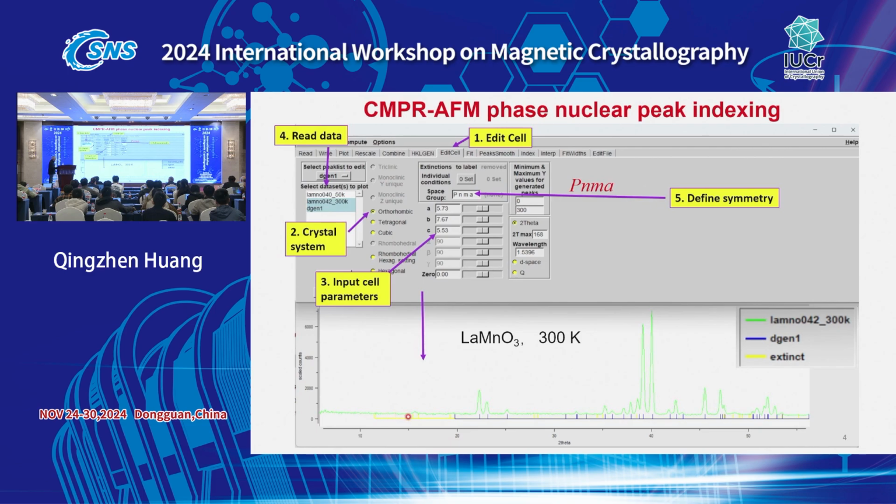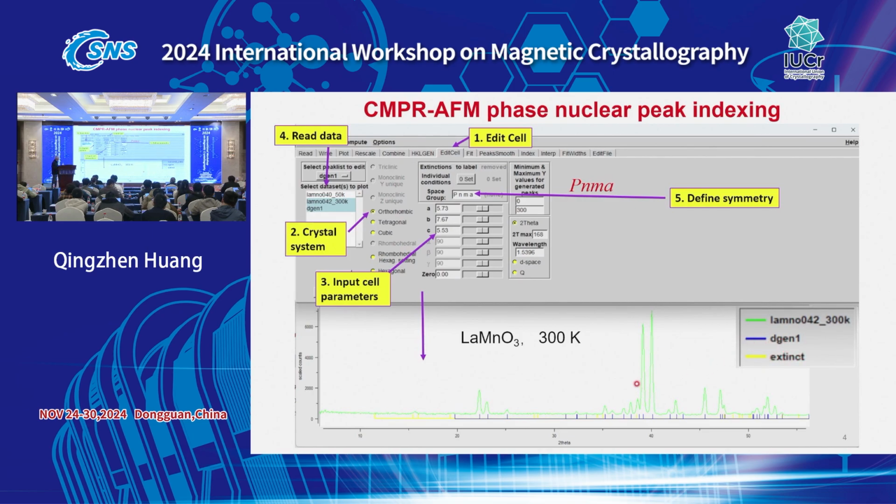And all the yellow marks here are the extinctions of this space group. And here is some of a map, where we enter the lattice, unit cell volume, unit cell parameters, and this is the extinction.